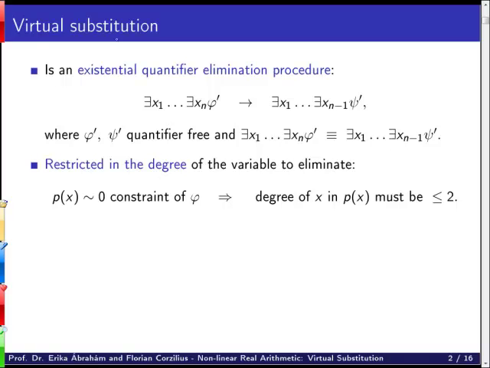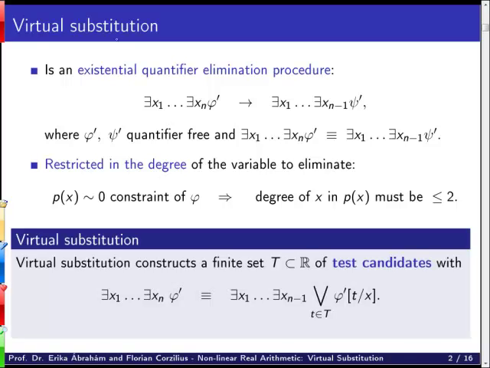So even this bound is not quite right. The best version, which will always hold, is if there is 1 constraint of degree 2 and the others are linear, then we can always solve it with the virtual substitution. So maybe you think it's not much better than simplex, but actually it can solve quite a lot of instances. Many of the real-world instances we have seen until now can be solved by virtual substitution.